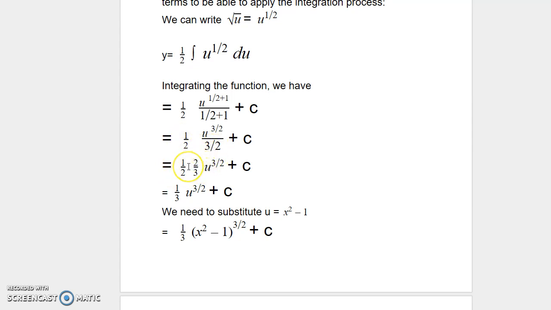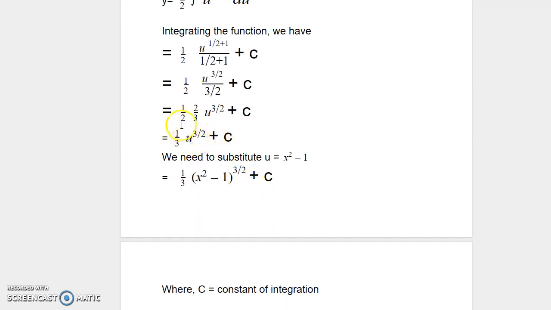So when we bring it to the side of the equation, it converts to 2 over 3 times u to the power of 3 over 2 in the numerator, plus c. So we'll simplify it some more. We have 2 in the denominator, 2 in the numerator, they cancel out. We are left with 1 over 3, and then we are left with u to the power of 3 over 2. There's nothing more to simplify, and then plus c.